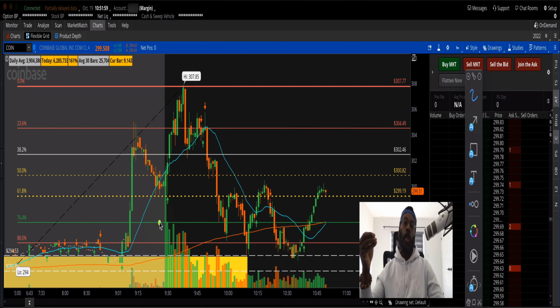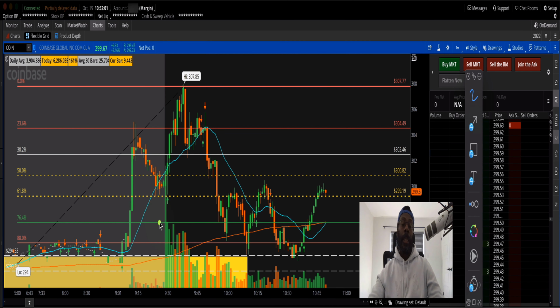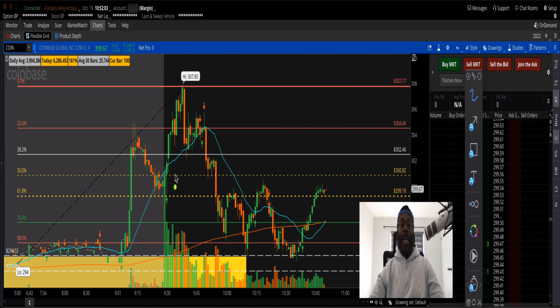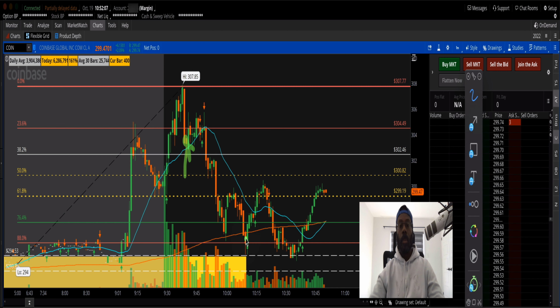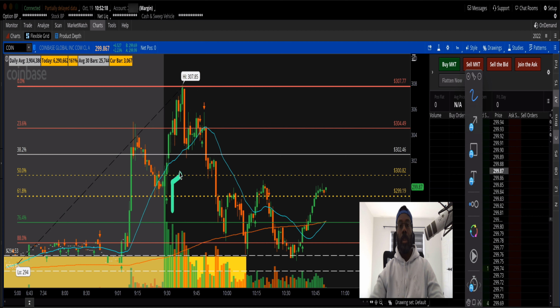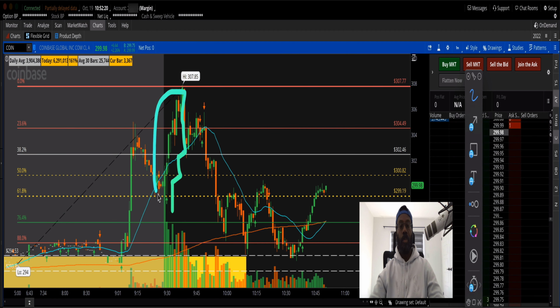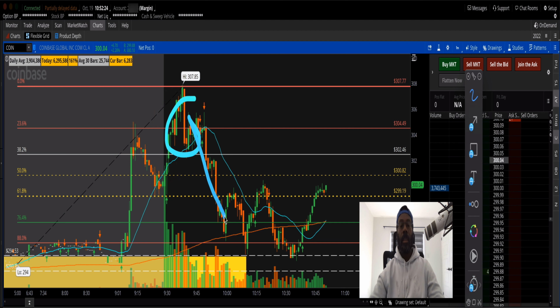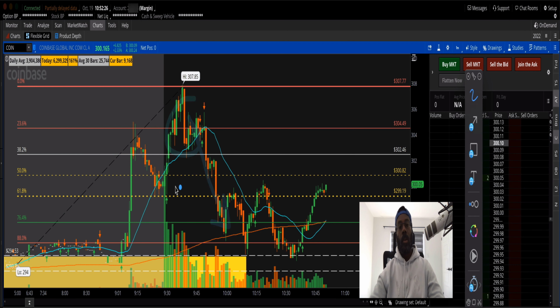When something opens up above or below the box, depending on how high or how low it opens, if it opens up too high above the box, this is what's going to happen. You're going to have this type of play right here: a rip to the upside, super parabolic, and then a violent pullback to the downside.